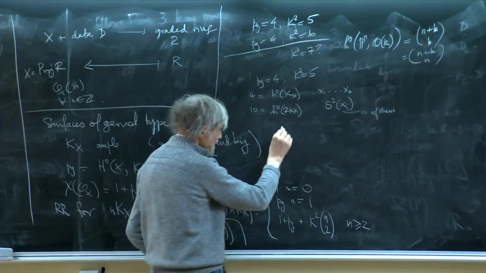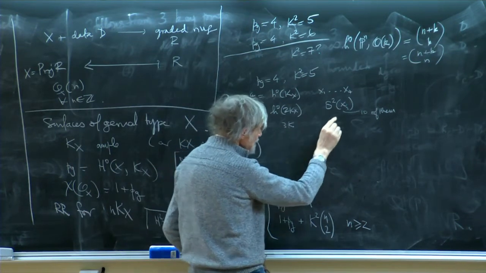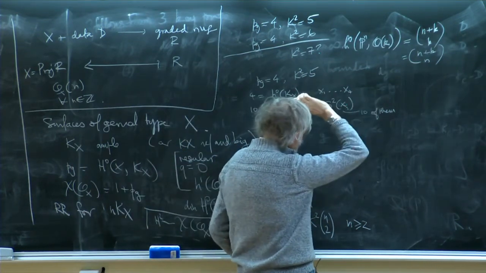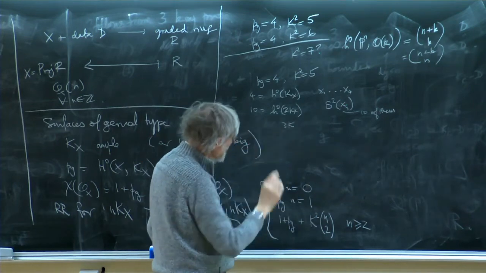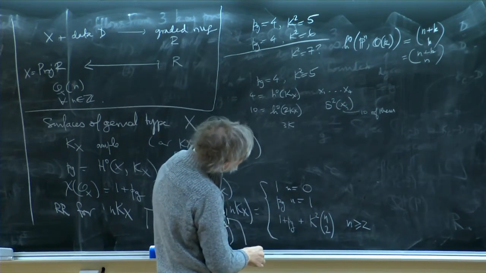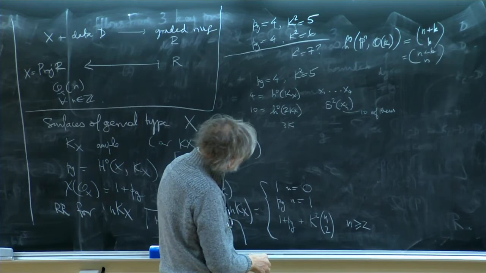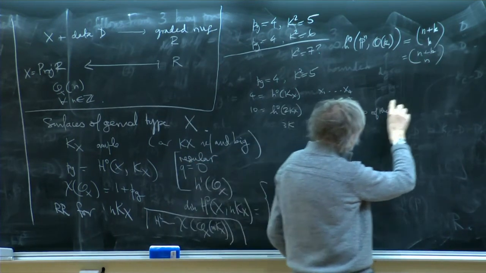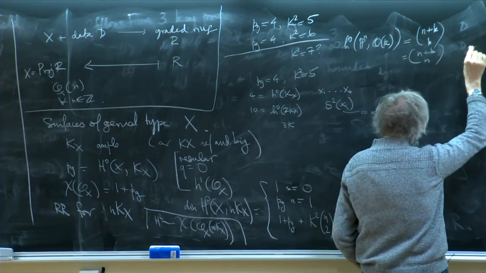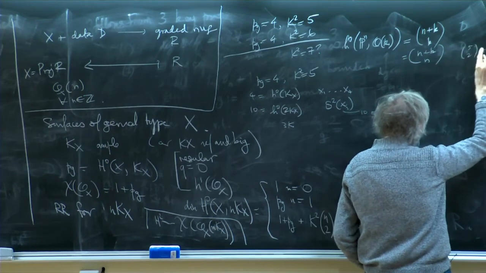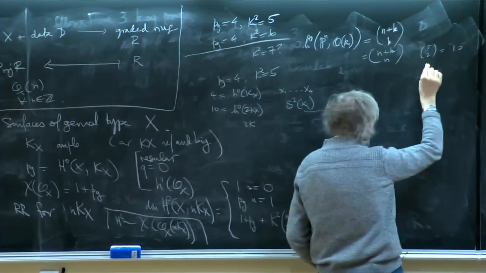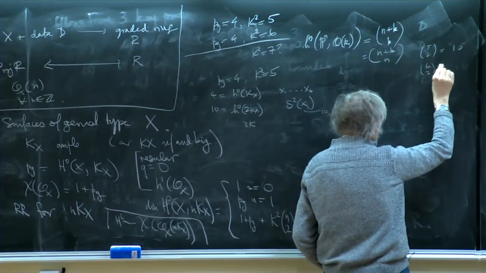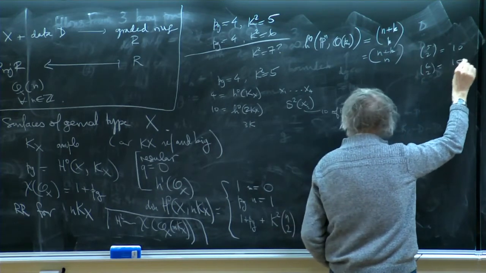And then if you ask for 3k, I think I've done this calculation somewhere in my notes. So this number here was 5 choose 2, which is 10, and then the next one up is 6 choose 2, which is 15.